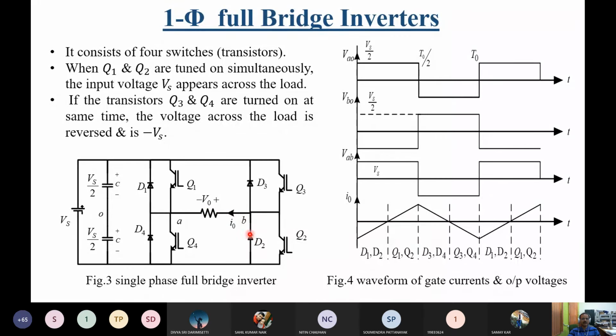So it cannot flow through the switches, since it is a unidirectional device and is not yet on, so it will flow through D3 back to the source and D4.